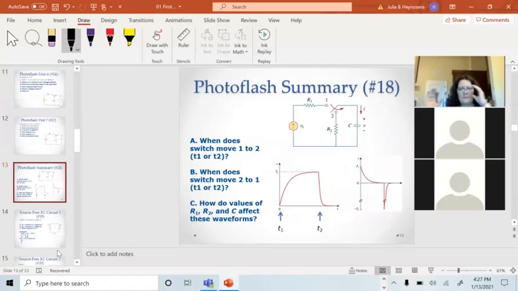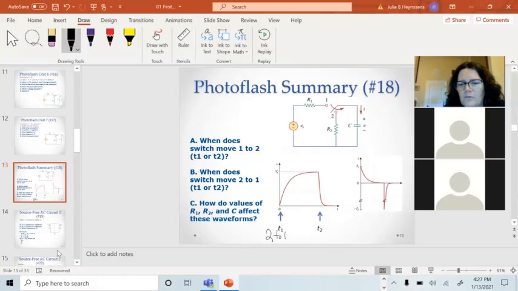Okay, so this is what we know so far. The voltage starts exponentially increasing right after I move from 2 to 1. So this is going from 2 to 1. If I do that, the voltage will increase.